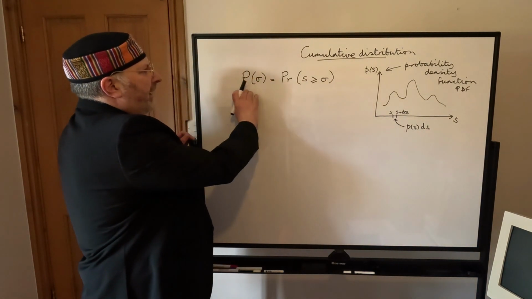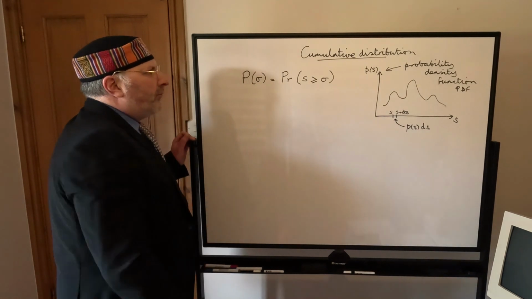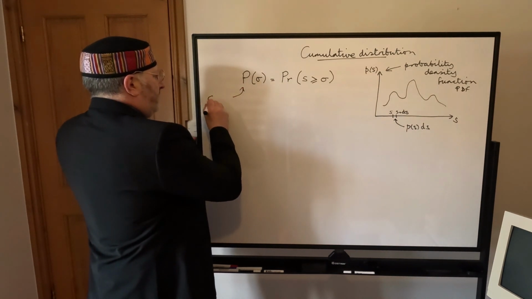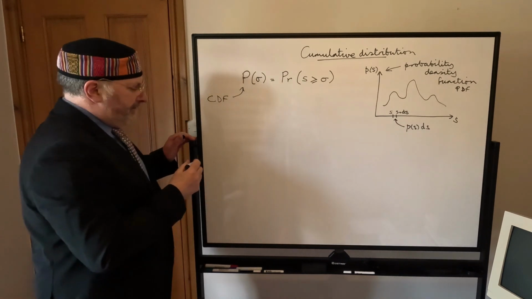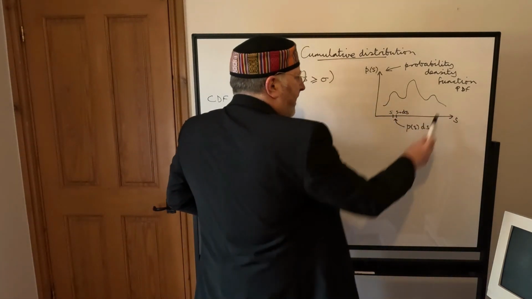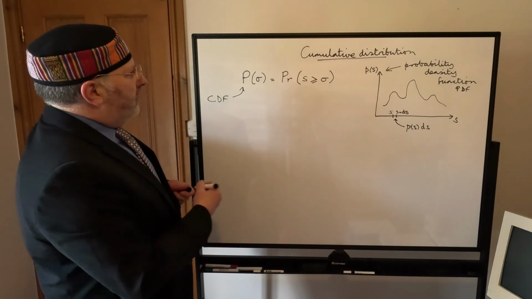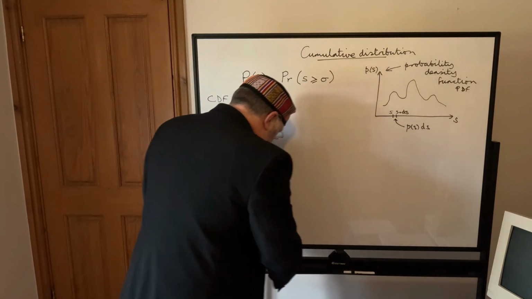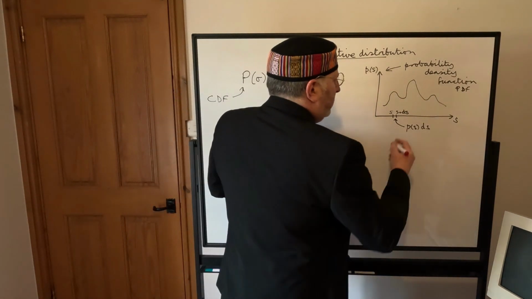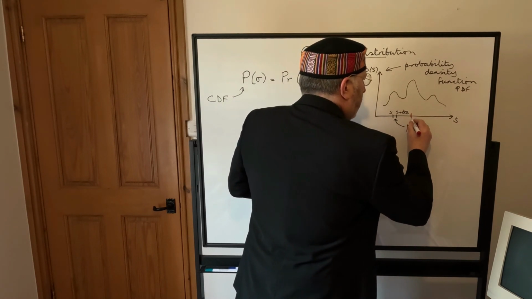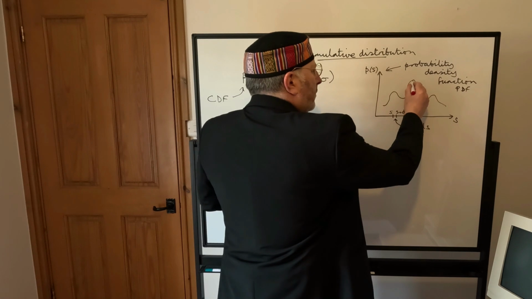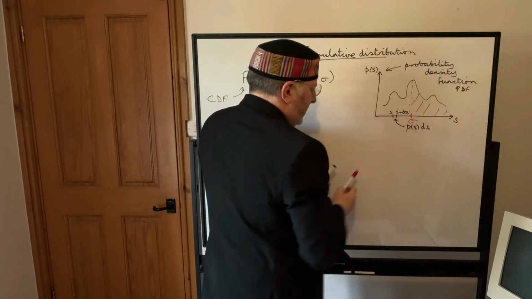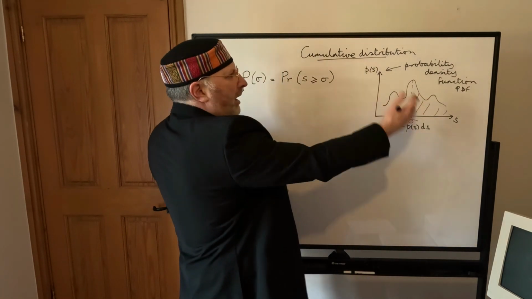So let's now think about this cumulative probability. This is sometimes called the cumulative distribution function, so CDF as opposed to PDF. Well, if we're talking about what's the probability of S being greater than or equal to sigma, so let's say we'll take sigma here. So we're adding up all the probabilities from sigma up.